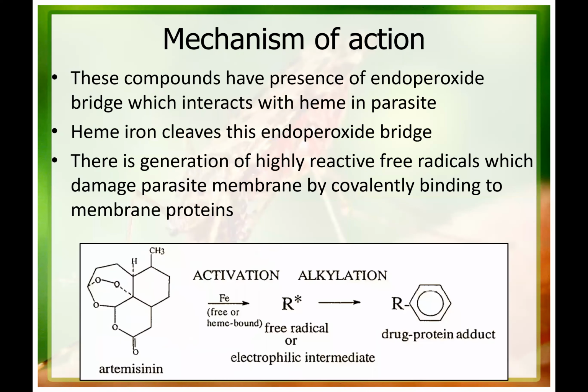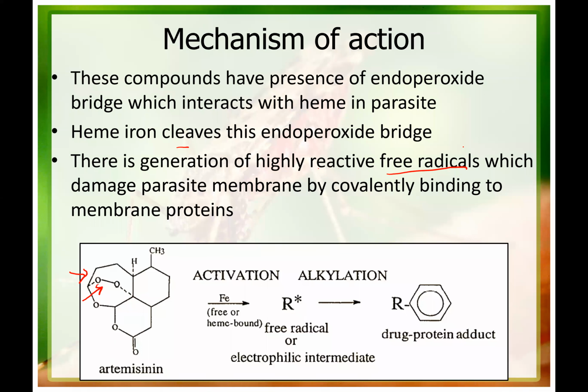Mechanism of action: all these artemisinin compounds have an endoperoxide bridge, an O-O bond. This endoperoxide bridge interacts with the heme iron in the parasite and is cleaved, which leads to the generation of free radicals.